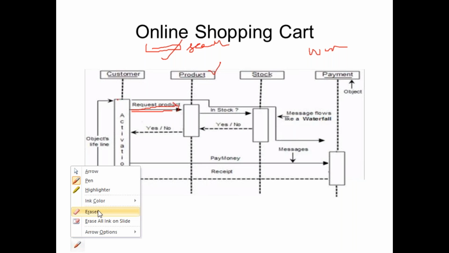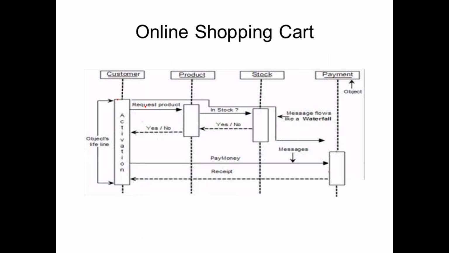Now the major important thing that we need to look at is that the customer object is active at this point of time, but the product object is still idle, not doing anything. The product object becomes active when there is an incoming request to invoke a particular process.